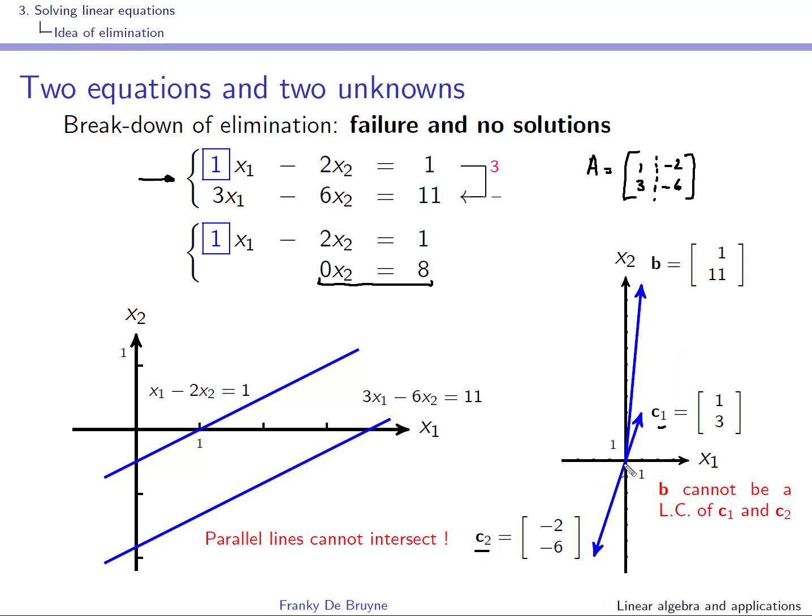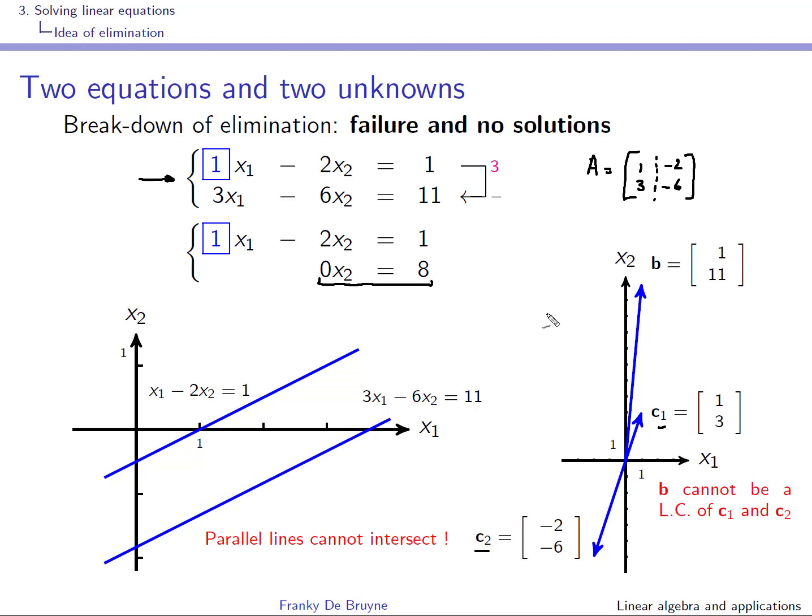But since the 2 columns are parallel, it's impossible to find a linear combination of these 2 columns that will produce b. You can only produce vectors that are on this line by linear combinations of c1 and c2. So again, we see, using another interpretation, that this system has no solution.